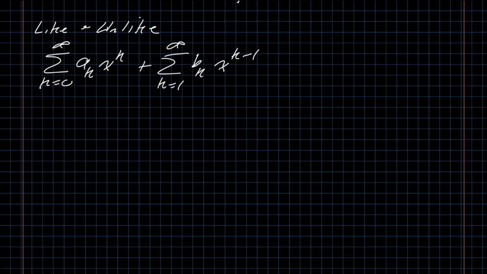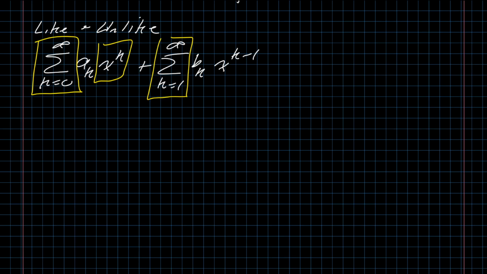There are two things that you want to look at. You want to look at the sum itself, and you want to look at the variable. In this particular case, for the sum on the left, I'm starting at k equals 0 and I go to infinity. For the sum on the right, I'm starting at k equals 1 instead.